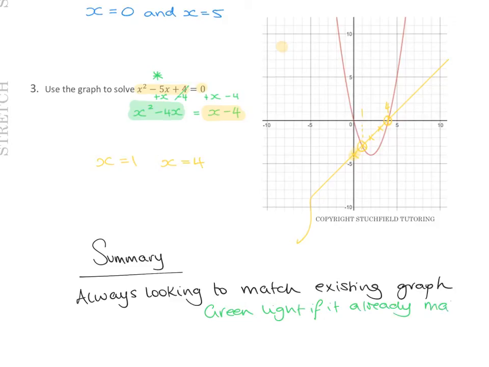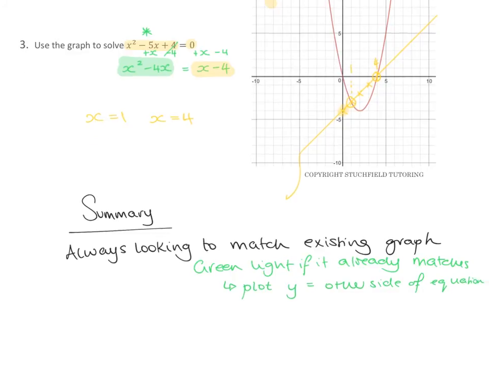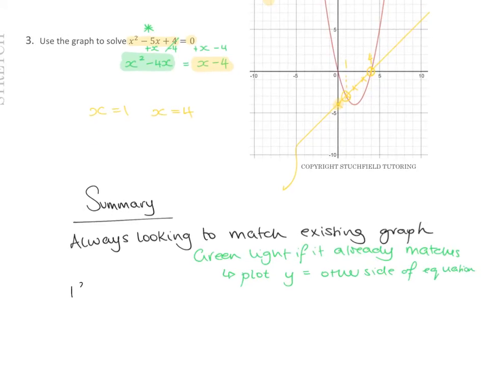So if it already matches, then what we do is we plot y equals the other side of the equation. If it doesn't match, we need to adjust, doing the same to both sides.